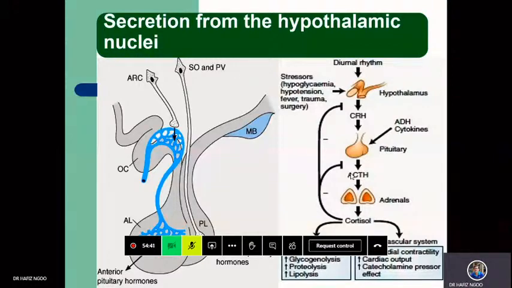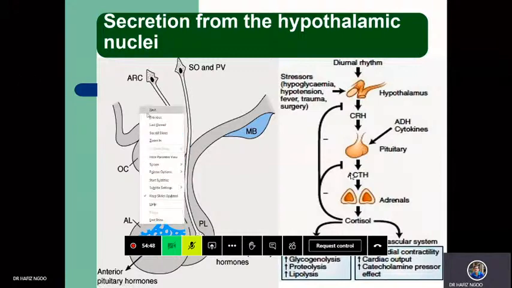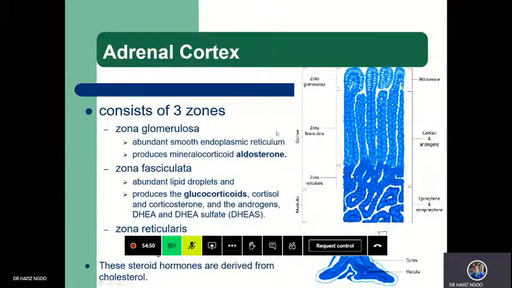Okay. Question 16. We talk about finding and drawing the adrenal cortex. So look at the adrenal cortex, basically the zones. This was already shown to you in module 3.